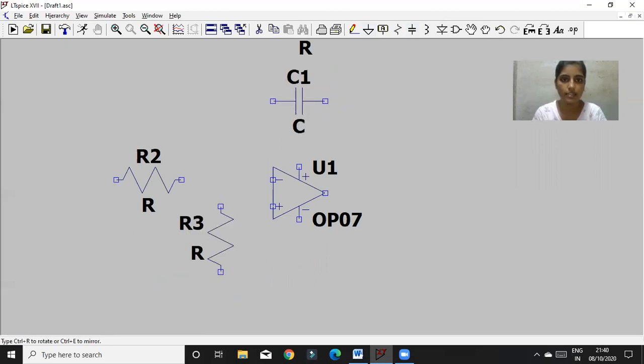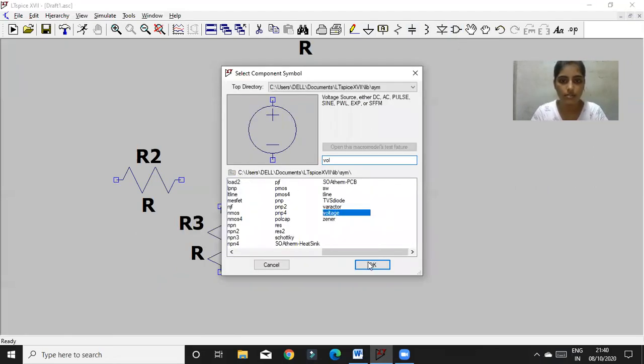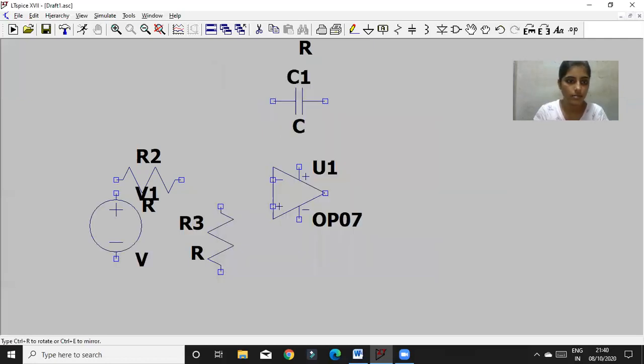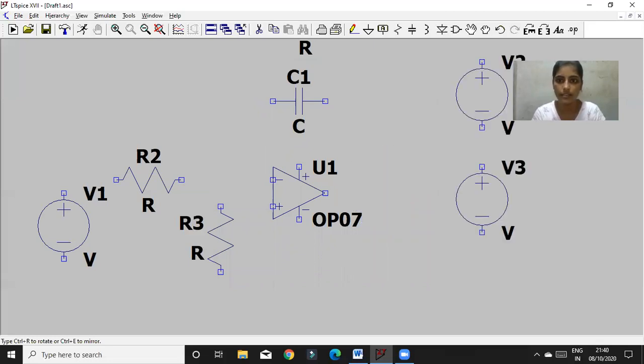So I connect this, and now I select a DC voltage source. So I connected it here, and here. Now all these components I connect with wire.